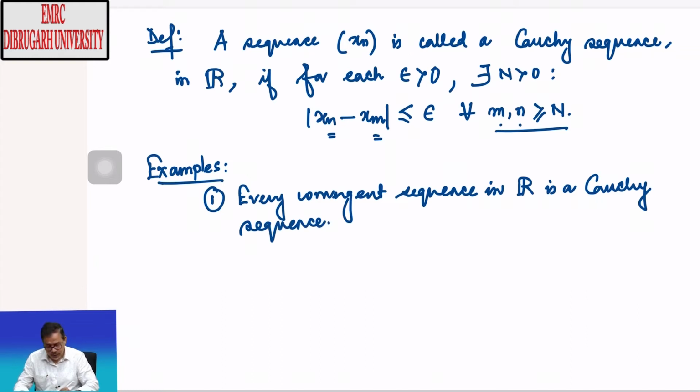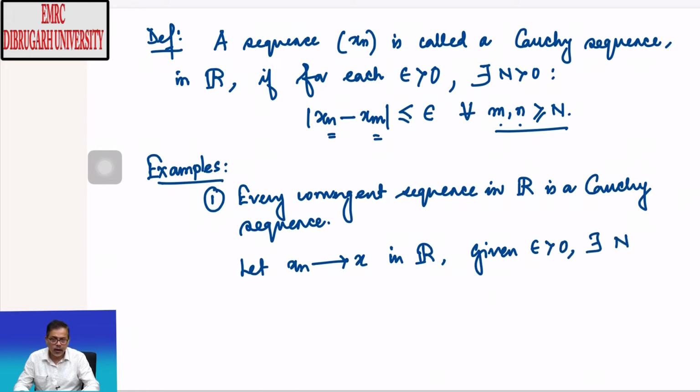How can this be proved? Let x n converge to x in R. Then given epsilon greater than 0, there exists capital N greater than 0 such that x n minus x is less than epsilon by 2 for all n greater than or equal to capital N.